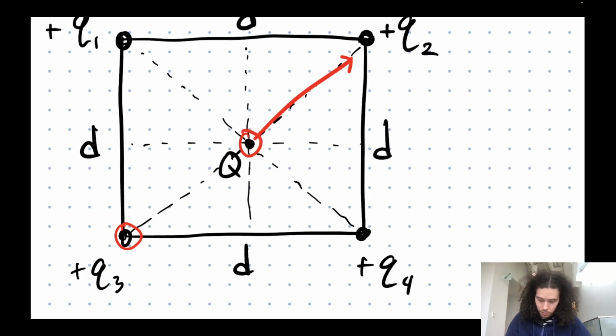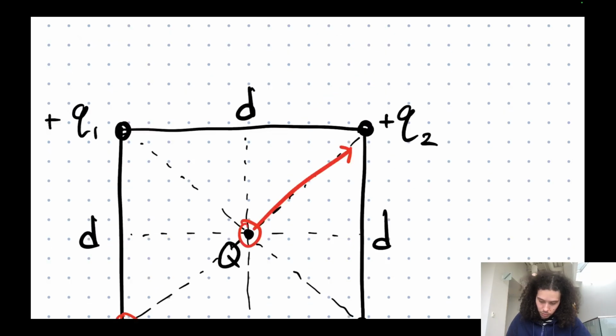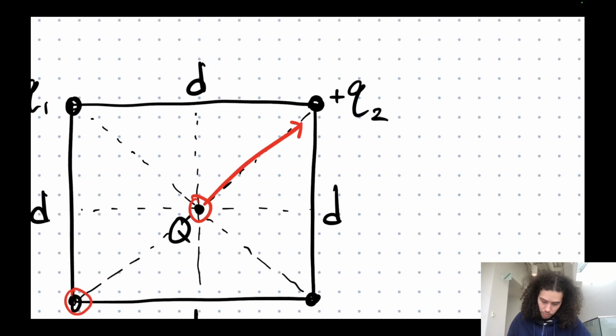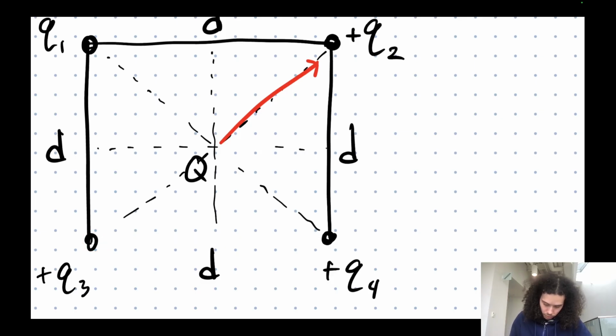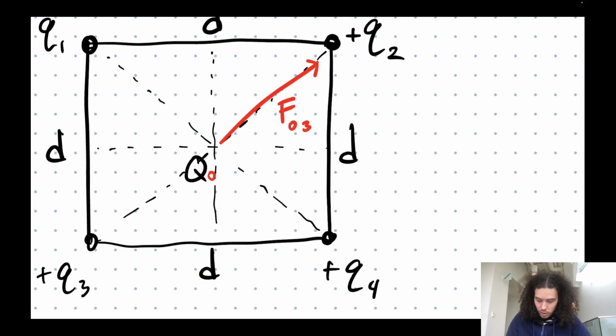Okay, so this is, let's call this F03, because it's the interaction with Q and Q3.